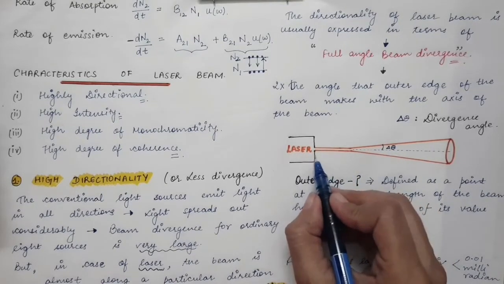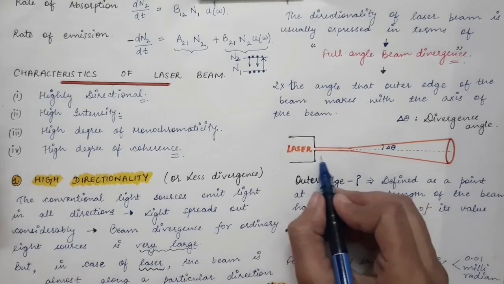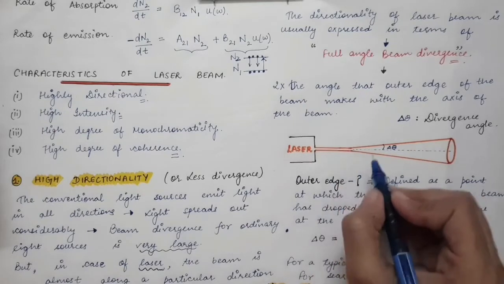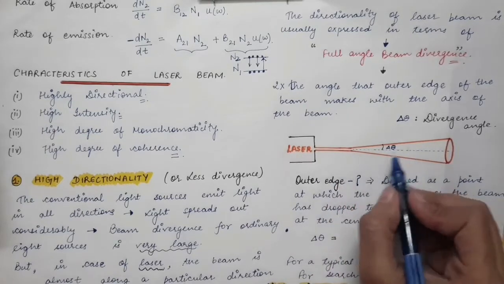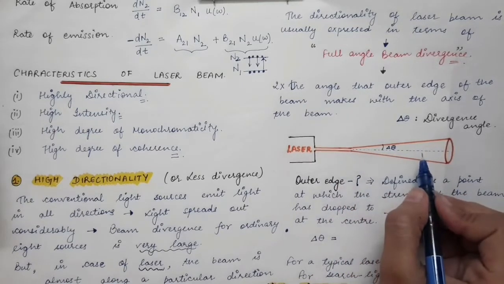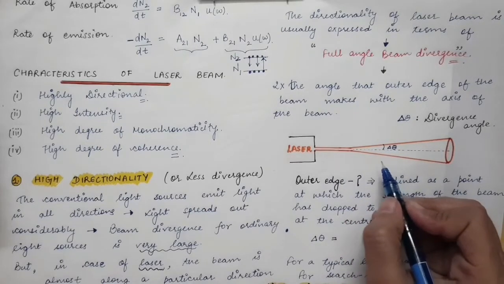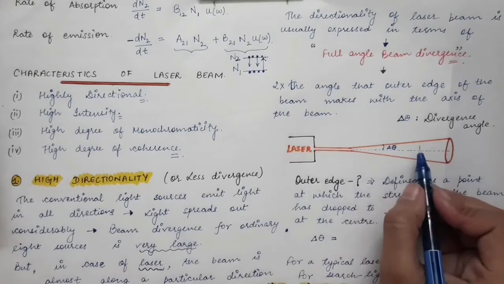The light rays which are emitted by laser are parallel to each other, so there is almost zero divergence. But after some length, the divergence starts appearing. Due to the unavoidable effects of diffraction, the beam starts diverging.